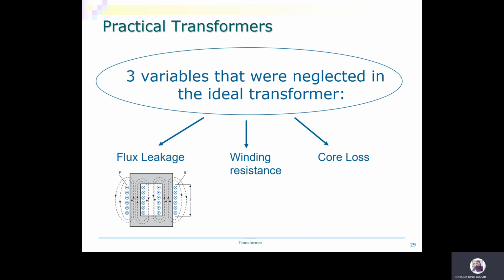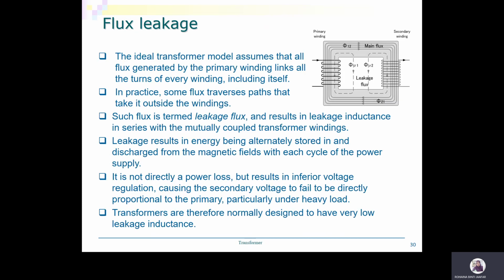And then the practical transformer, the three variables that we neglected in ideal transformer is flux, winding resistance, and core resistance. So this is the type of losses that happen in transformer.